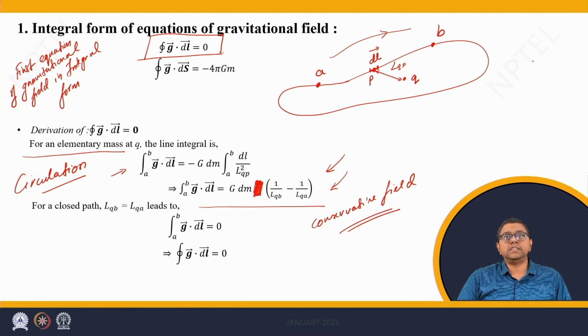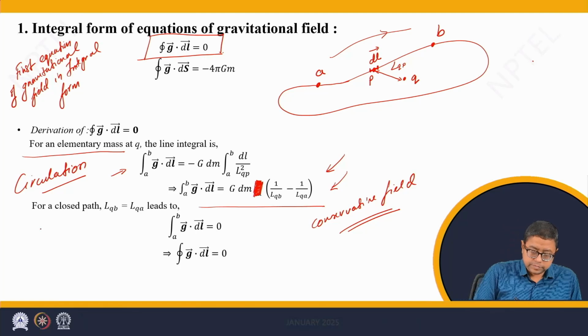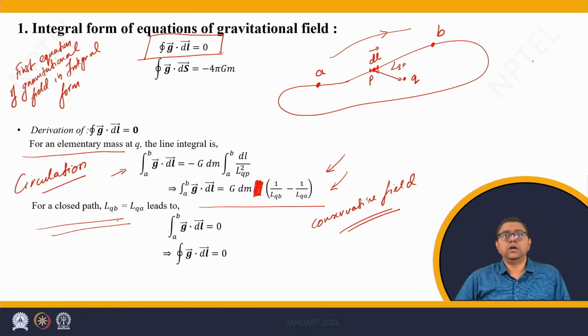But since this is a closed loop and the theorem is for a closed loop, we have to estimate what happens when the circulation is evaluated over a closed path. Over a closed path, A and B will extend and coincide.